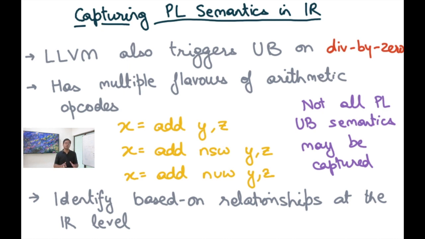So if the translation from a high level syntax to a lower level syntax forgot some UB in the program, for example, when doing arithmetic, maybe I just used add y comma z instead of add nsw y comma z, then I'm not making the program wrong. It's still the correct program, because I've just made one particular choice of wraparound semantics in case the error condition occurs. But the problem here is that you may have lost some optimization opportunity.